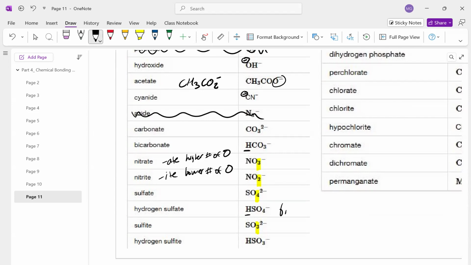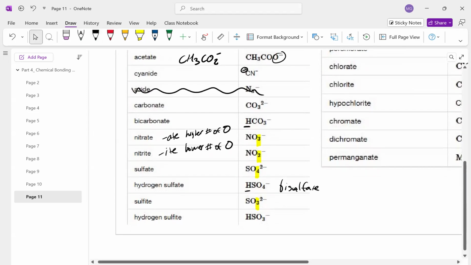You might also see that called bisulfate. And then hydrogen sulfite has an extra hydrogen on there. Again, you might see it called bisulfite.